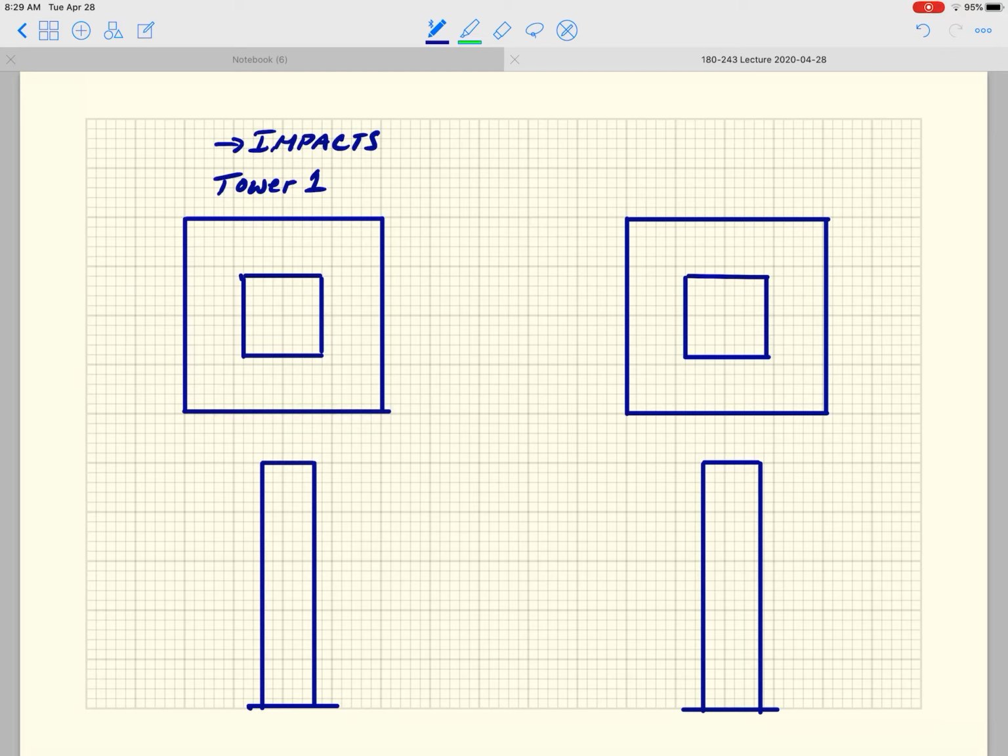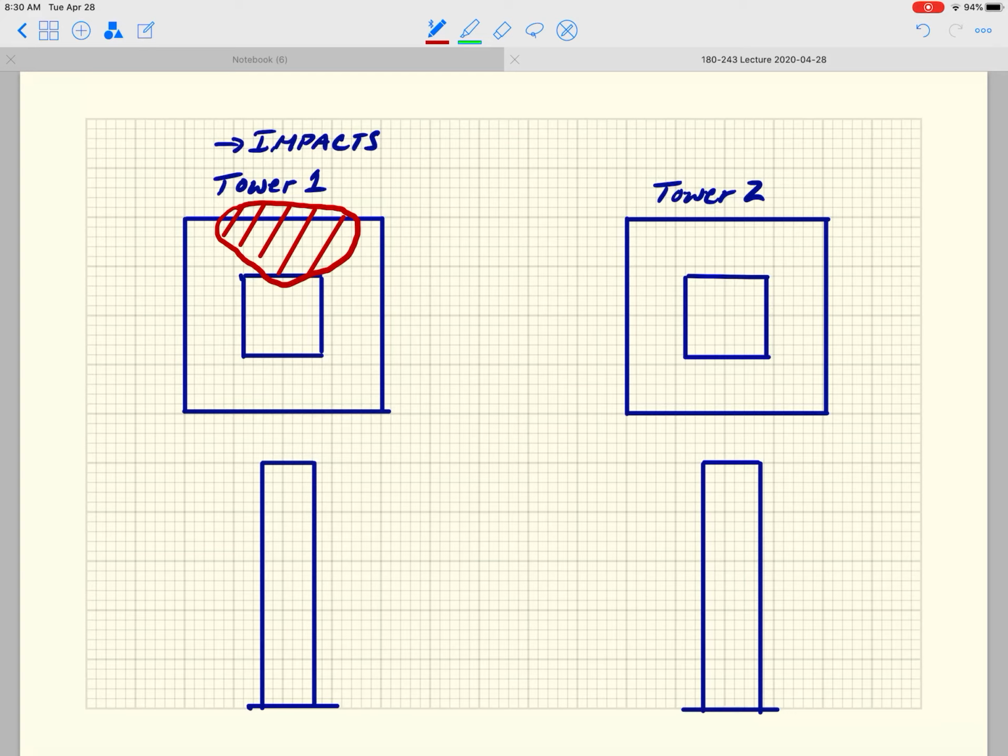So this one is Tower 1, also known as the North Tower, I believe. And this guy here is Tower 2, also known as the South Tower. So what happened is the North Tower gets impacted first, and it gets impacted in the middle here. And so this is sort of the damage pattern, and it's certainly not exact, right?